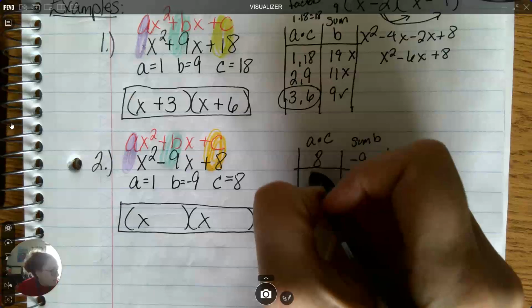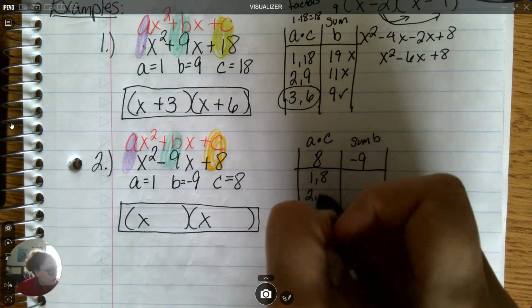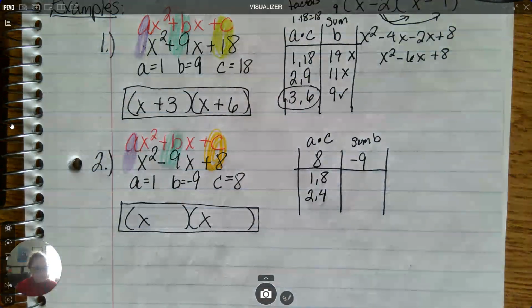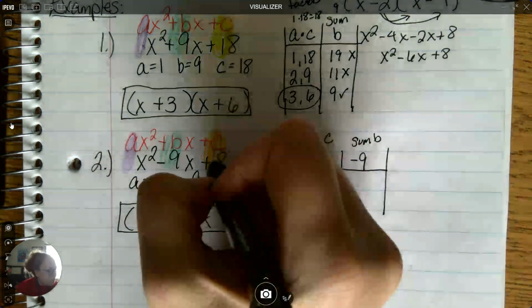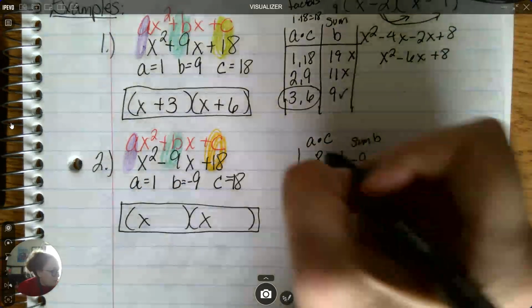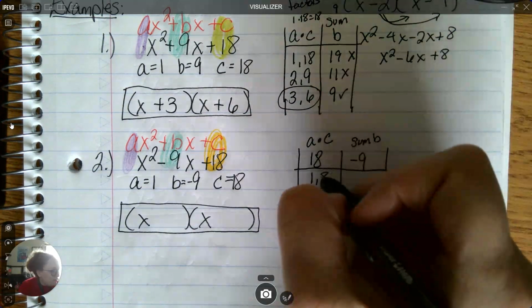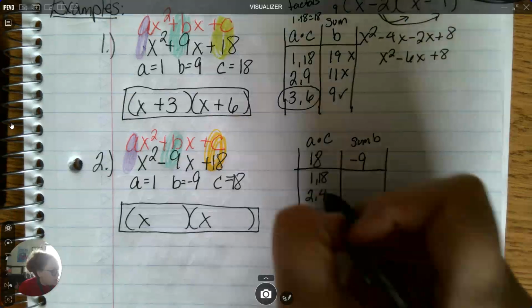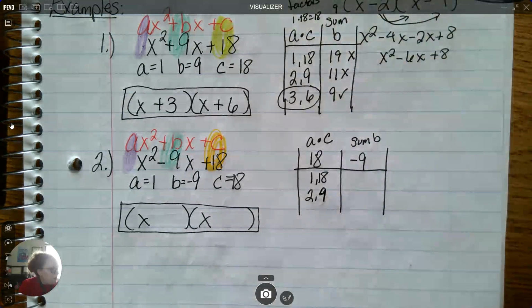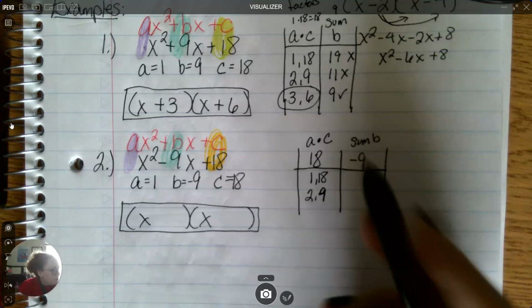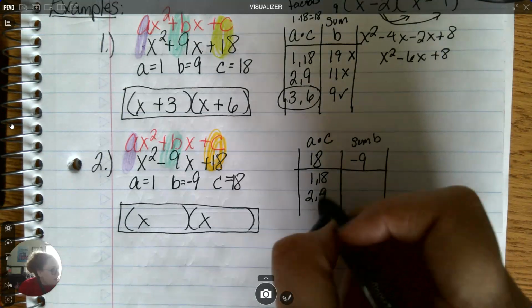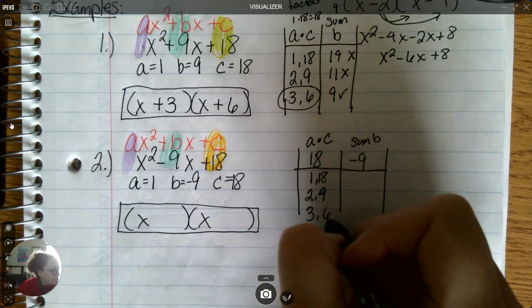So I'm going to list my factors of 8, 1 and 8, 2 and 4. Oh no, I wrote my problem down wrong. That's a silly mistake. We're going to do 18 again, and you're going to see why in just a minute. So that's an easy fix. 1 and 18, 1 times 18 is 18, 2 and 9, 3 and 6.